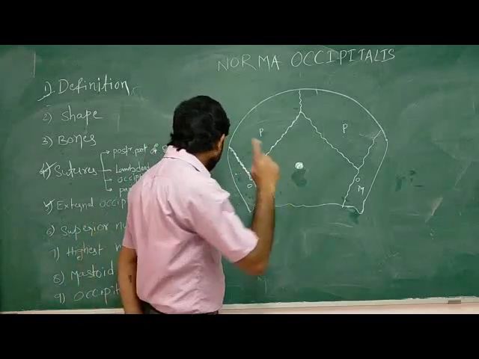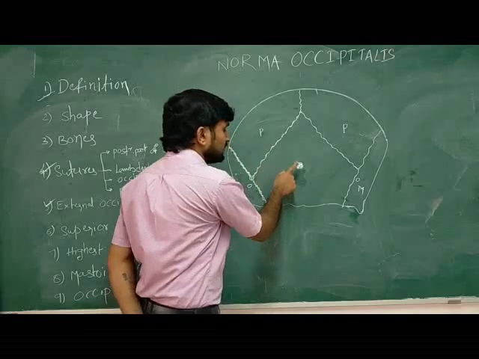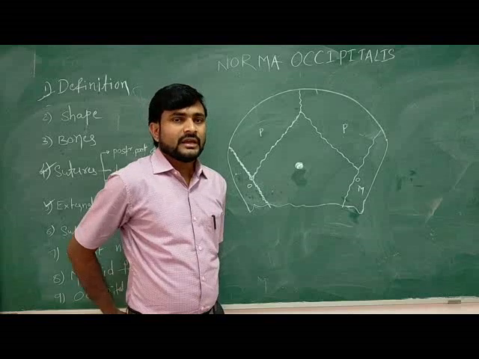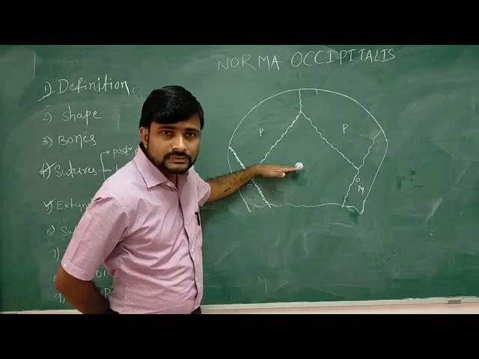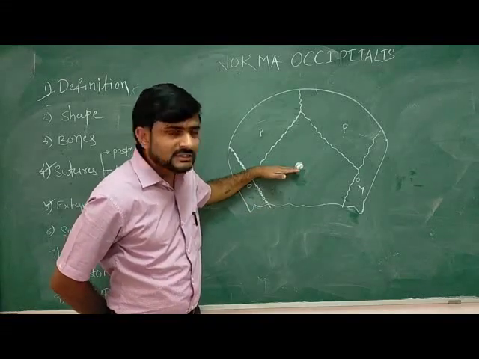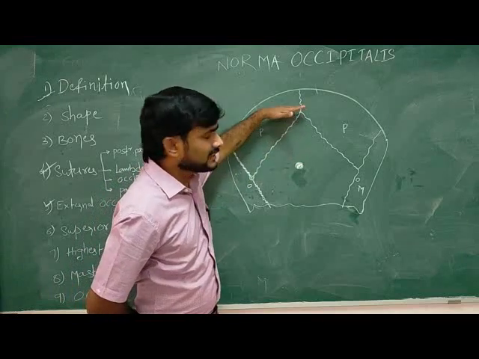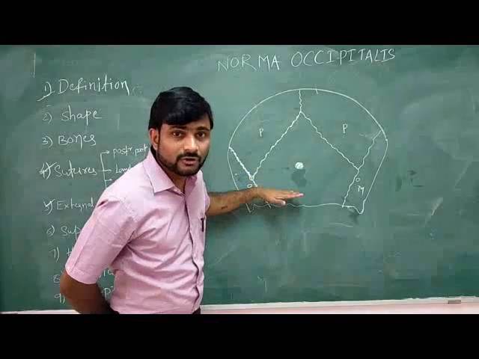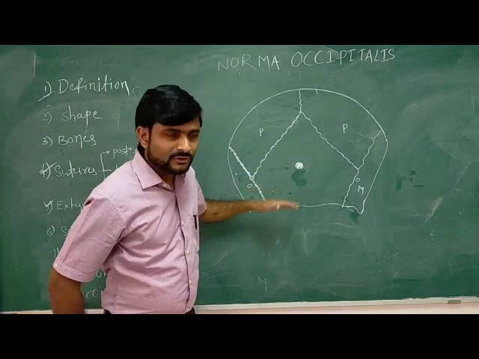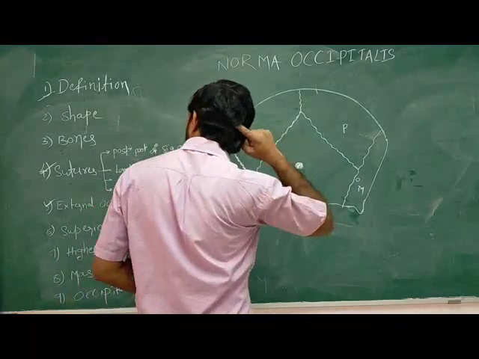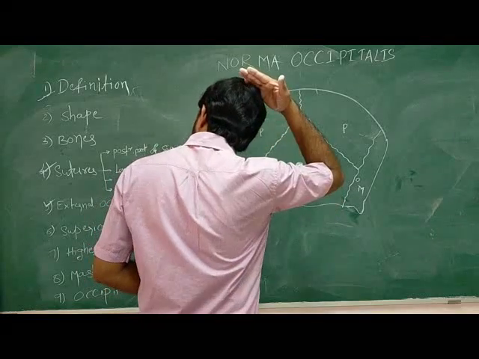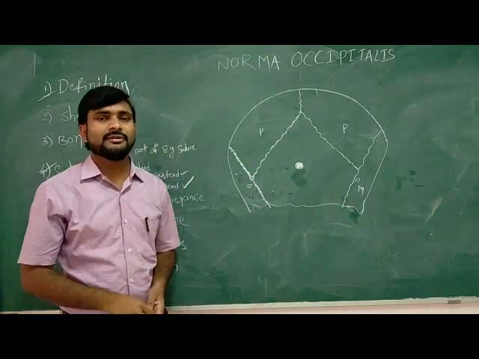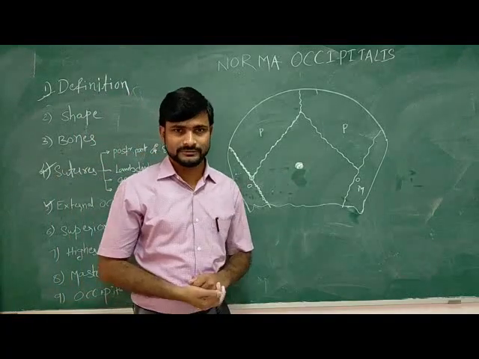That prominent part we call the external occipital protuberance. It marks the junction between the upper part we call the head and the lower part we call the neck. Above is the head and below is the neck.